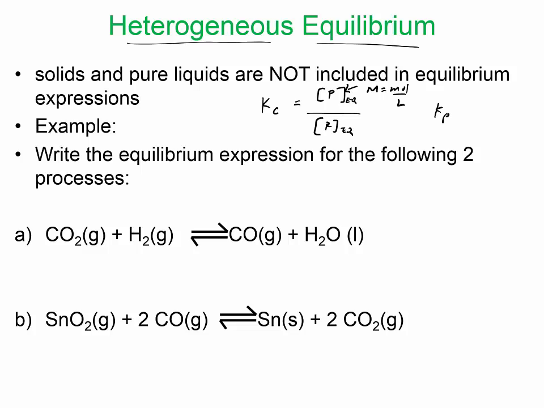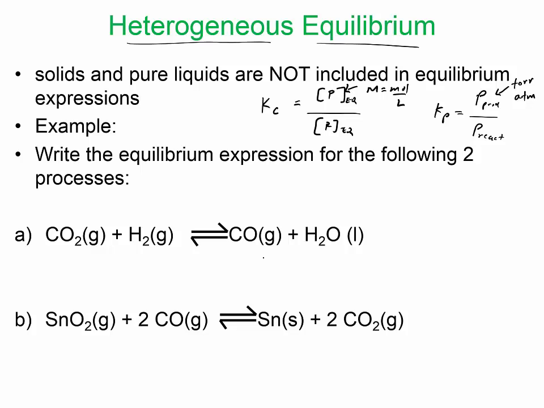Now, Kp is going to be in partial pressure of your products divided by partial pressure of your reactants. Remember, our units for pressure are going to be things like torr or atm.